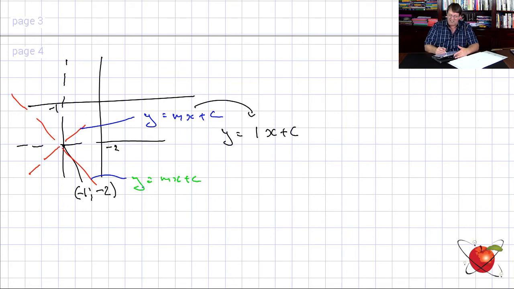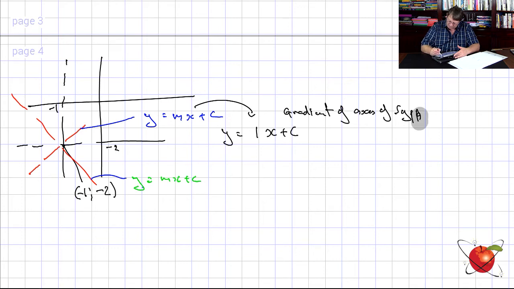Because the gradient of the axes of symmetry are 1 and minus 1 for a hyperbola.